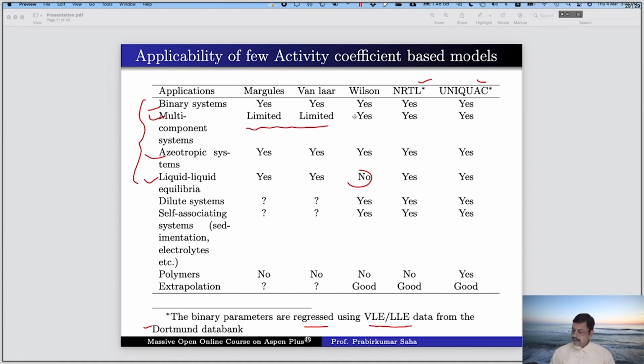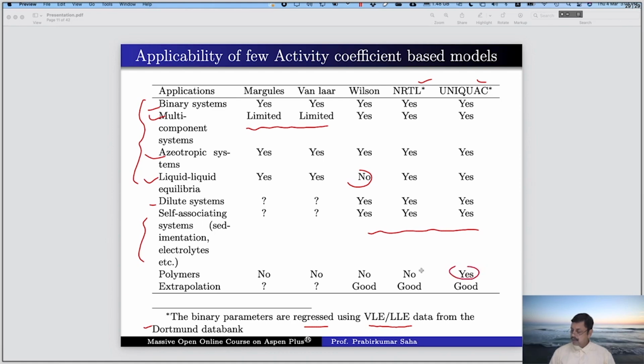The Margules and Van Laar models do not work for dilute systems and self-associating systems such as sedimentation and electrolytes. But Wilson, NRTL, and UNIQUAC work for this kind of system. For polymer systems, only the UNIQUAC model works.